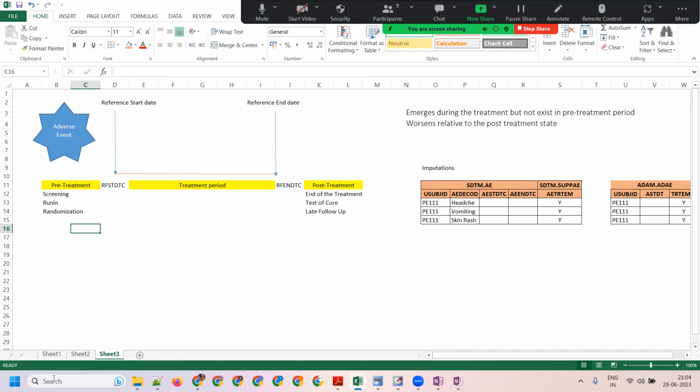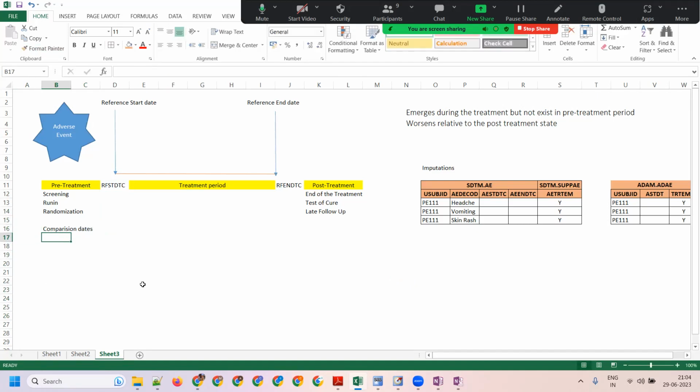Okay. Now, generally, what is the range for us, guys? The general range that we are going to consider is: my adverse event start date, I'm going to compare with the reference start date and time. I have two things to compare, right? Okay, let me write it. Compare dates. So how am I going to compare?